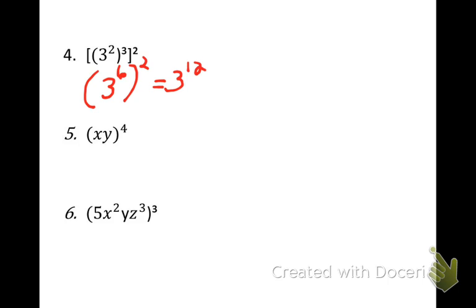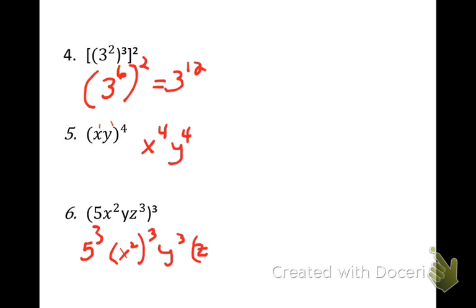Normally we do figure them out if it's just a littler problem, but this one we can just leave like that. In this example, we have a power raised to a power, but there's two things inside. So remember, both those exponents are 1, so it would become x to the 4th, because 4 times 1 is 4, and y to the 4th. Here again, we don't usually write this step out, but some people forget the number. Remember, it's 5 to the 3rd, it's x squared to the 3rd, it's y to the 3rd, and it's z to the 3rd, all to the 3rd.